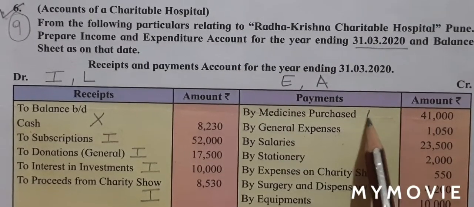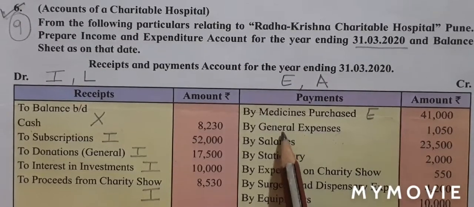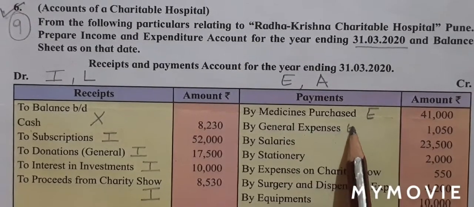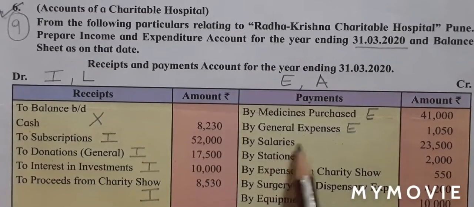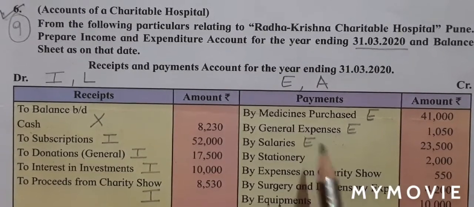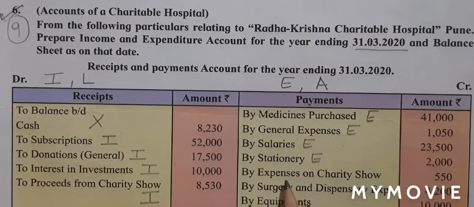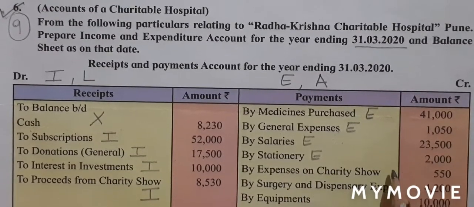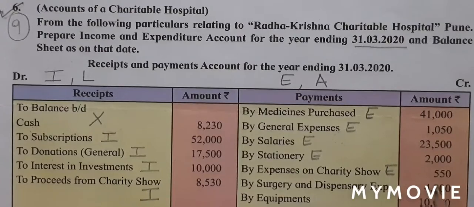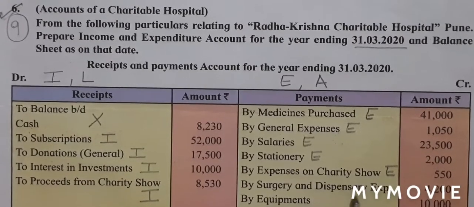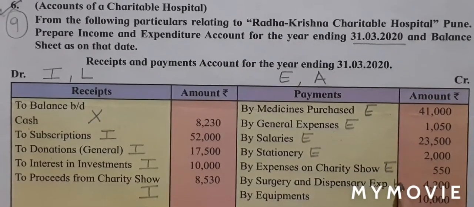Medicines purchased, expense. General expenses, expense. Salaries, expense. Stationery, expense. Expenses on charity show, expense. Surgery and dispensary expenses, expense.